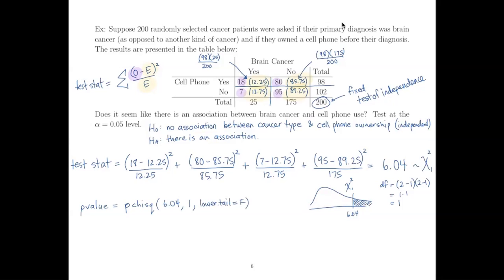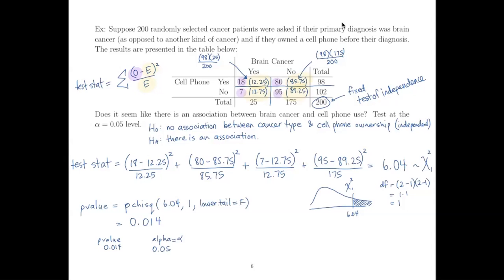If you plug that into R, you will get approximately 0.014. We'll take that p-value, 0.014, and compare it to our alpha, which in this case was fixed at 0.05.